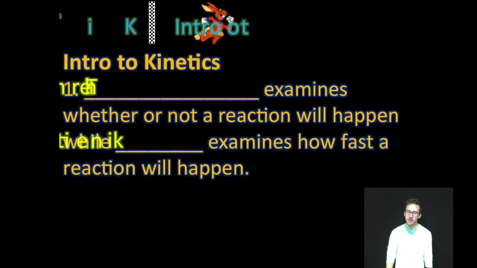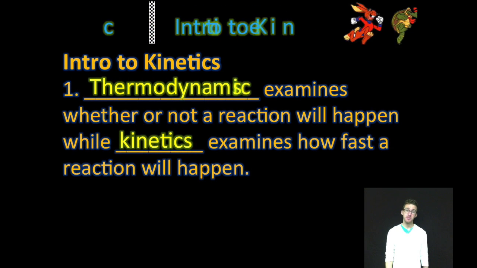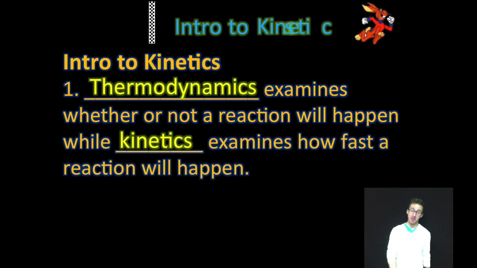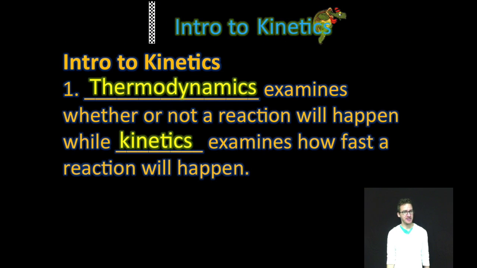Alright, and just a couple other quick things before we dive in. It's important to note that thermodynamics, which we just discussed, examines whether or not a reaction will occur. Whether a reaction is thermodynamically favorable or unfavorable. But kinetics, which we're studying in this unit, is going to look at how fast a reaction will occur.